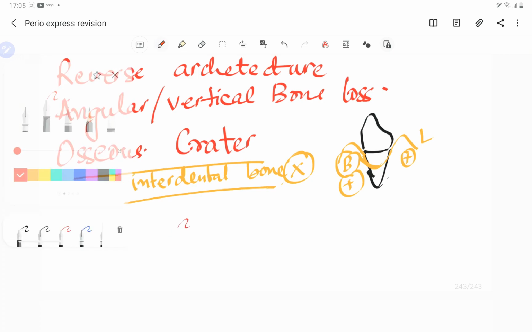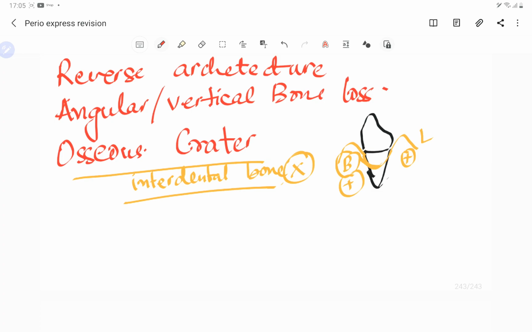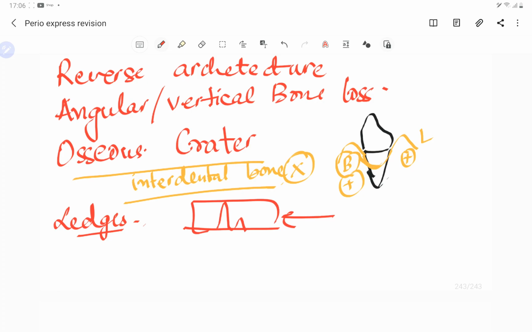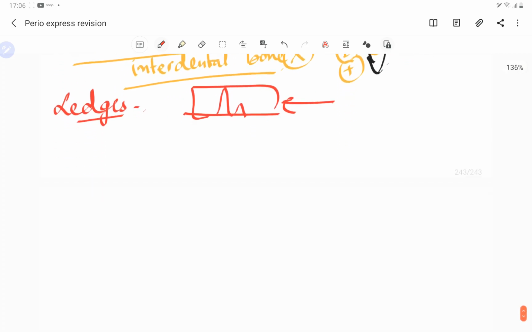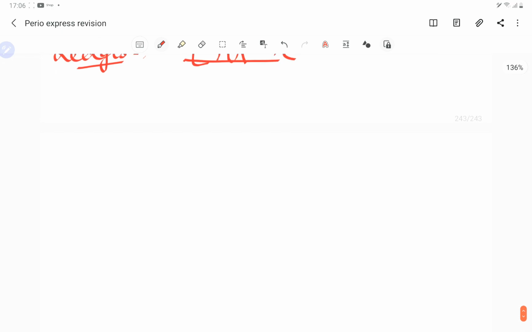Again, the osseous craters you will go for a resective osseous surgery, or say suppose if ledges are present. So if ledges are present, that means bony ledges like this. So you just have to chop off this part of the bone, and we call it the osteoplasty. So this takes me to a point, the differences between an osteoplasty as well as osteectomy.